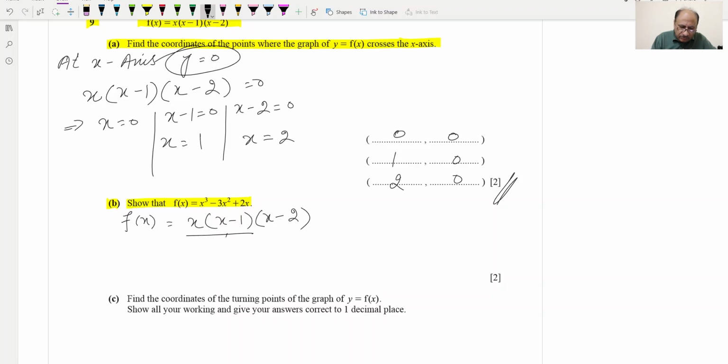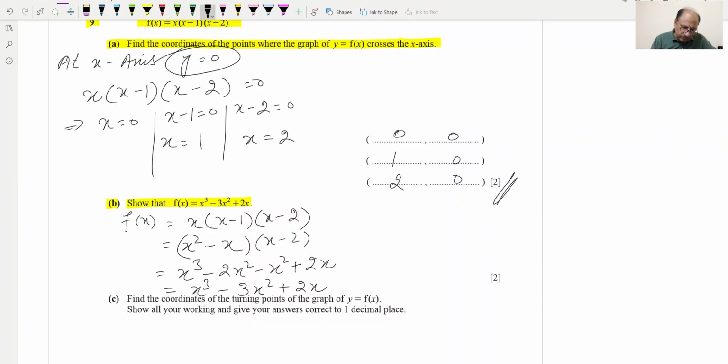We'll multiply the first two, which gives x squared minus x, and then multiply by the third term. x squared into x will be x cubed, x squared into minus 2 will be minus 2x squared, minus x into x will be minus x squared, then minus x into minus 2 will be plus 2x. Now we can write it as x cubed minus 3x squared plus 2x. This will be the f of x which was required over here, and it was a 2 marks part which we have done.